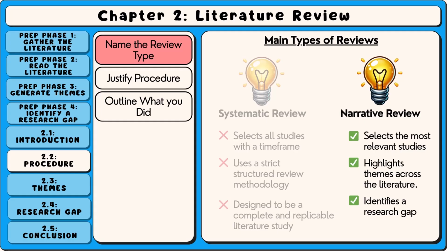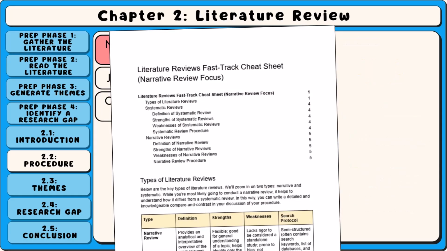It highlights key themes across the literature and then identifies a research gap. For more information on the differences between systematic and narrative reviews, including benefits of a narrative review that you may need to discuss in this section, and key studies to cite in this step, you can grab the Literature Review Fast Track cheat sheet. As you know by now, it will be accessible through the link in the description where you download the Literature Review template.